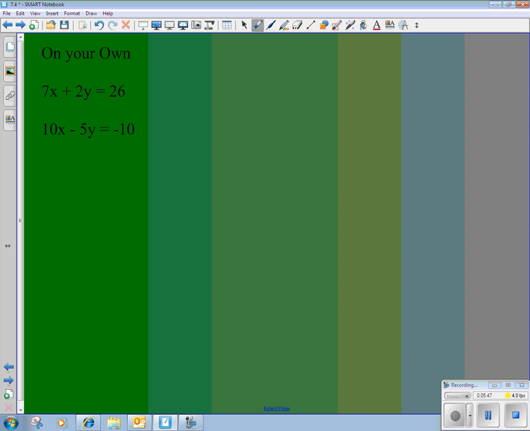We're going to look at what variable you want to solve for, x's or y's. In this case, again looking for your smallest one, I would pick the y's. So you have a 2 and a negative 5. What number do both 2 and 5 go into? That'd be 10, so we're trying to get 10. We're going to multiply this one by 5 to get that 2y to be a 10, and we're going to multiply this one by 2 to get this one to be 10.